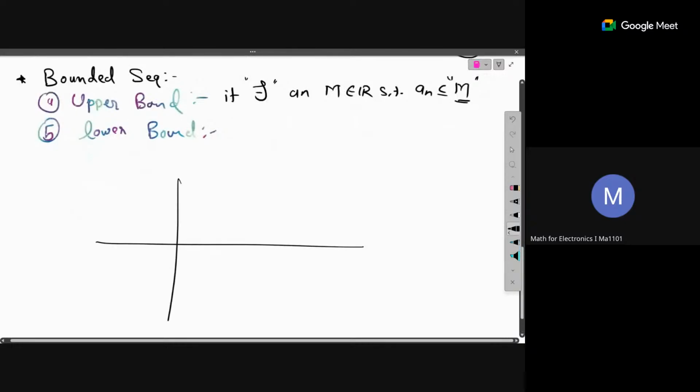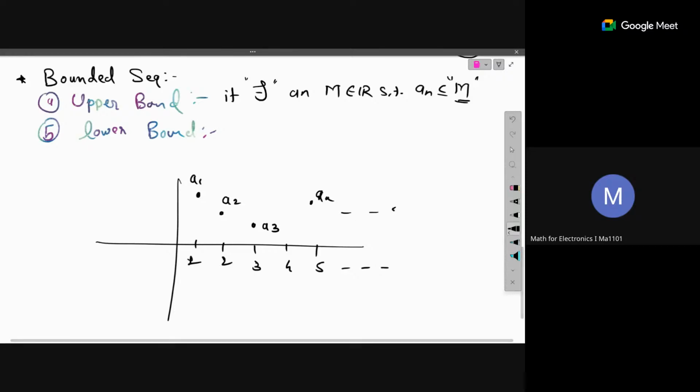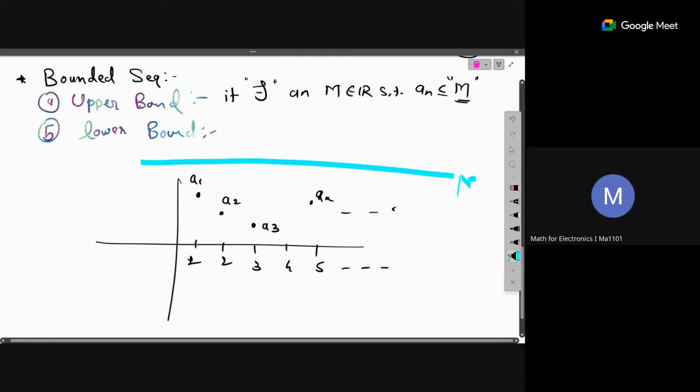Suppose these are 1, 2, 3, 4, 5, and so on, and these are the terms of the sequence, that means a1, a2, a3, a4, and so on. Bounded above means you should be able to find one value capital M in such a way that the terms of the sequence are not able to cross this line. That simply means that a_n is less than or equal to capital M for all n. Such sequences are known to be bounded above.